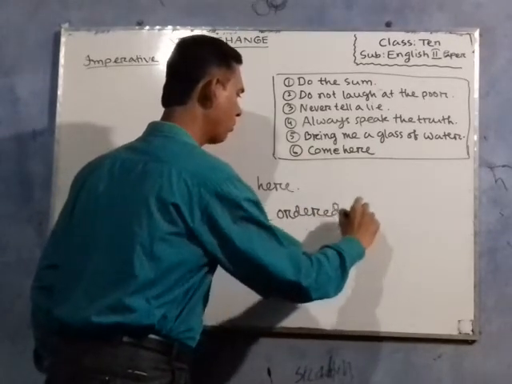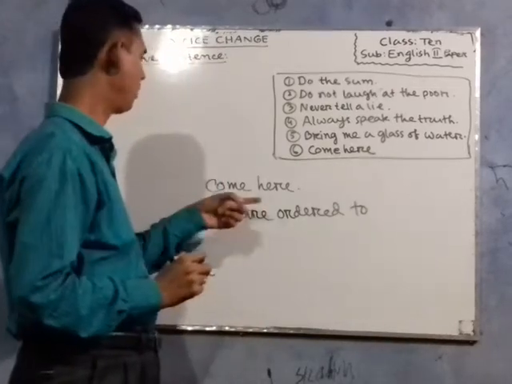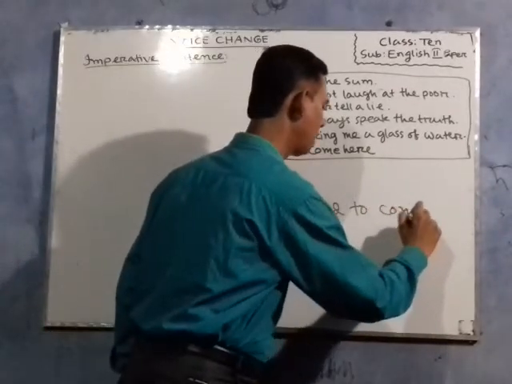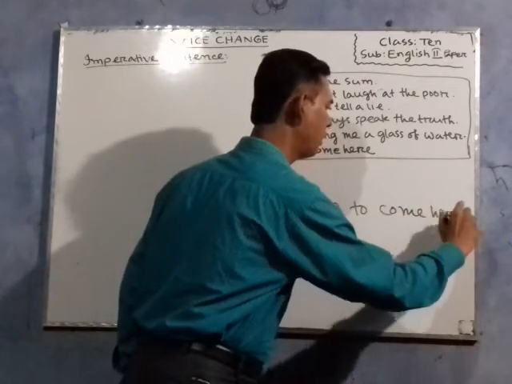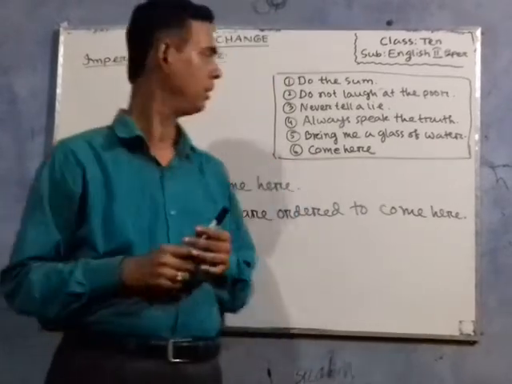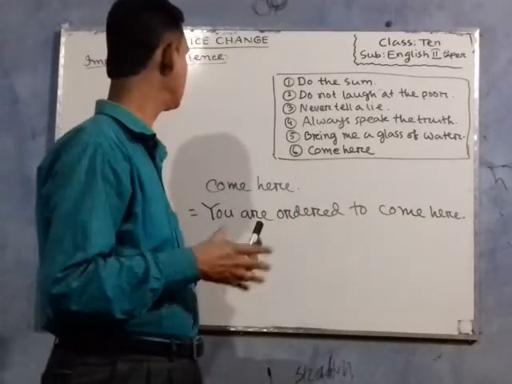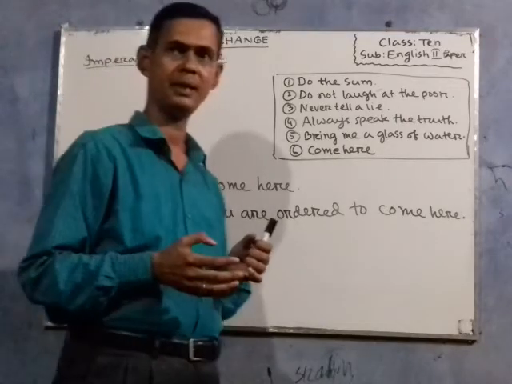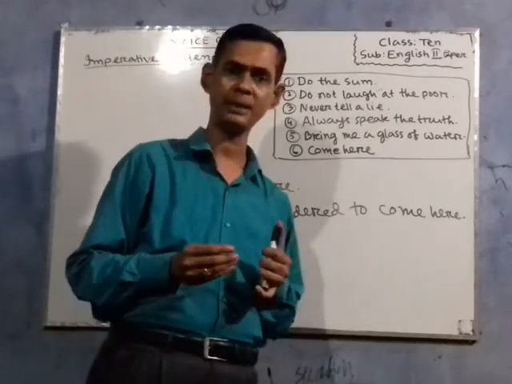Then you have to write the whole sentence: Come here. You are ordered to come here. Okay, does everybody understand? Dear learners, you were taught this passive voice of imperative sentences by practicing some examples.